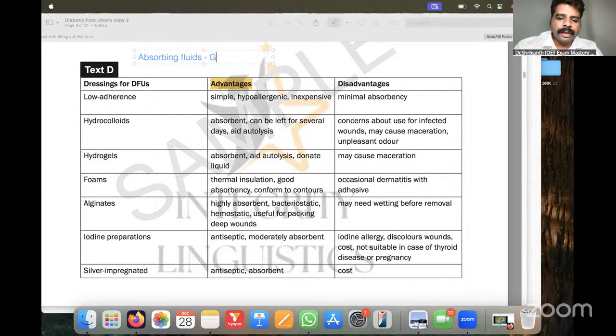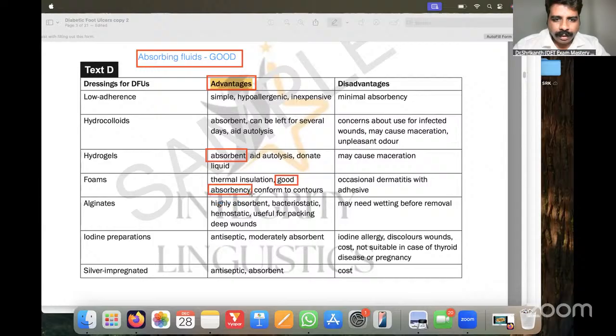So it is important that you focus on the advantages column. So let's see, simple, hydro, okay, inexpensive, absorbency over here, absorbent. Good absorbency. So here also, good absorbency, right? Highly absorbent, bacteriostatic, moderately absorbent. And here also they're talking about absorbent over here.